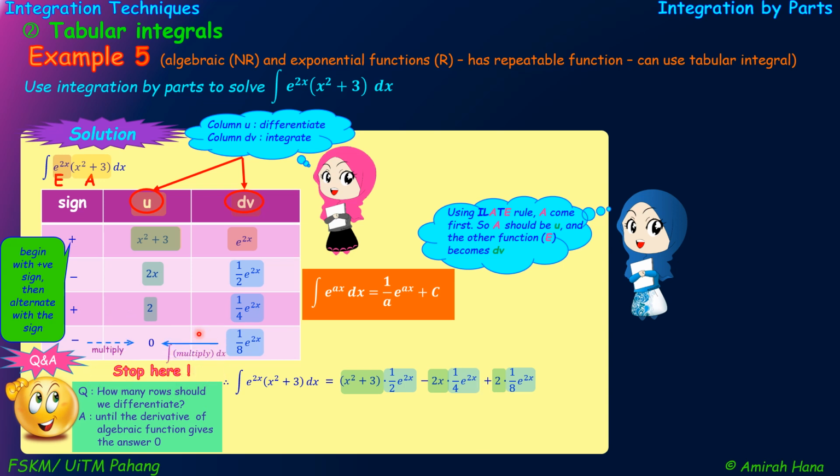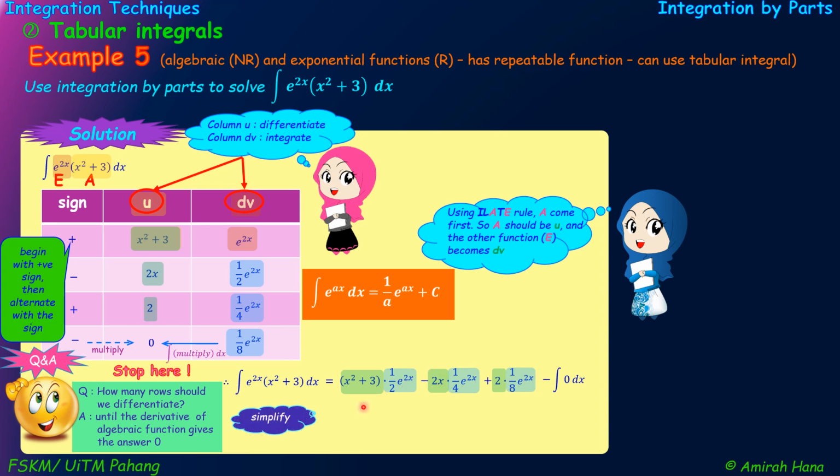And for the last row, we need to multiply horizontally, but we need to put the integration and dx symbol. So we multiply 1 over 8 e to the power of 2x and 0 here. So we get 0, but we need to put the integration and dx symbol. Negative times positive equals negative.